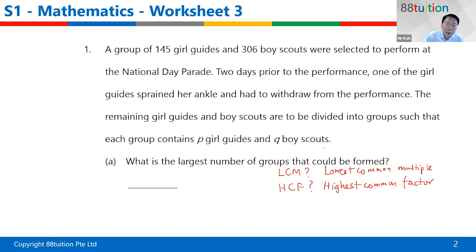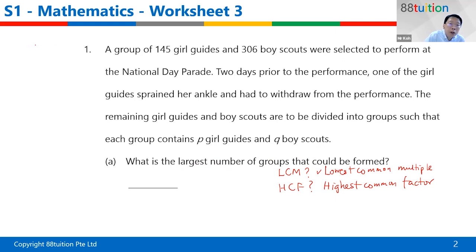Now, if you are supposed to look for highest, then if you recall from the video, when you say the highest, take the lowest. If it's lowest, then you take the highest. So in this case, if the highest, take the lowest, then you use LCM. Let me just go through how to use LCM to find the answer.